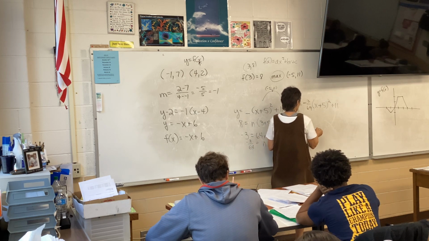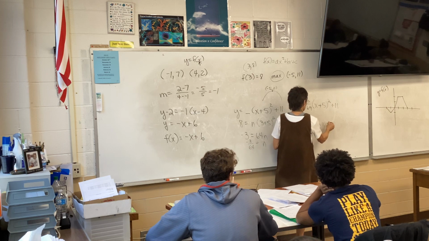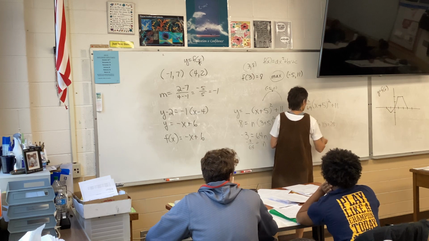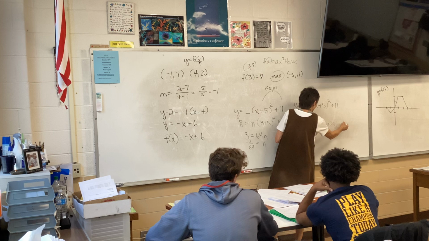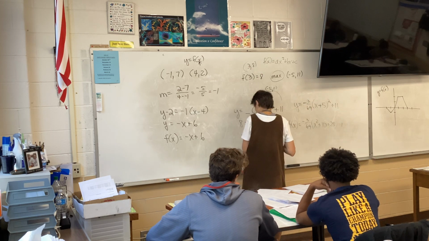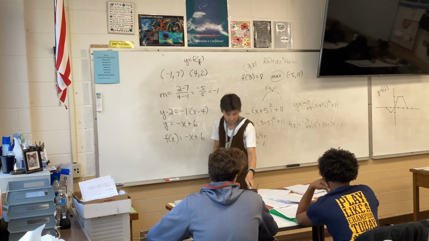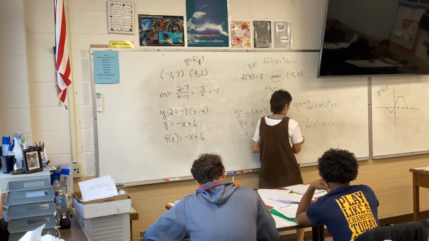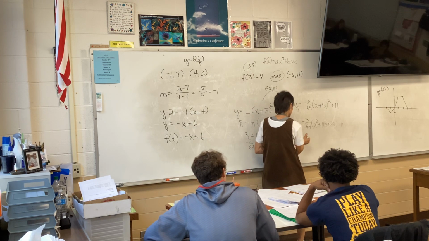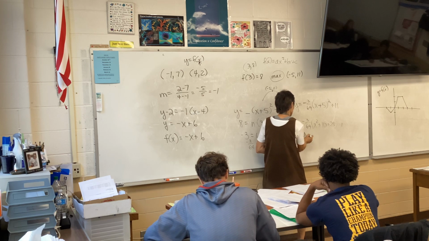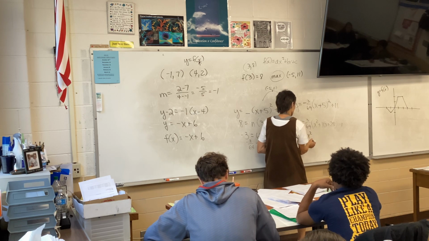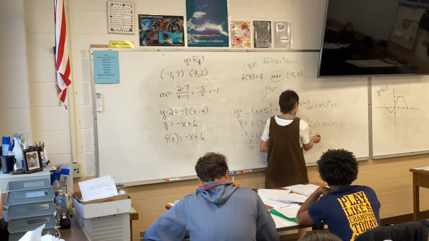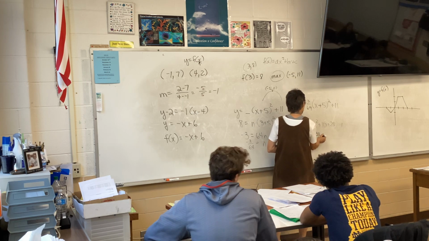-3/64 times (x squared plus 10x plus 25) plus 11. Oh, so distributing is going to give me negative 3/64 x squared minus 30/64 x.